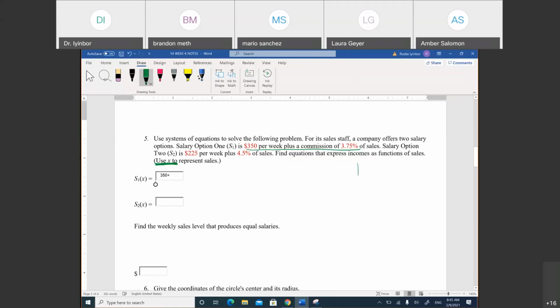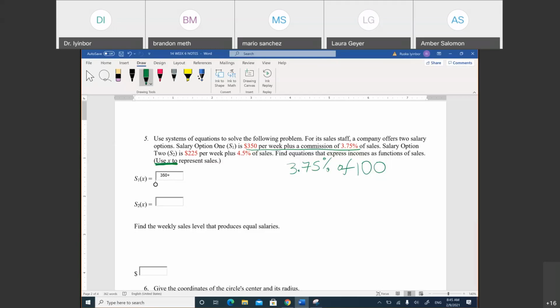So if you're selling for $100, how are you going to get 3.75% of it? What is 3.75% of, yes, multiply. What are you multiplying? 3.75 times 100. So it's $3. It's 3% of 100.